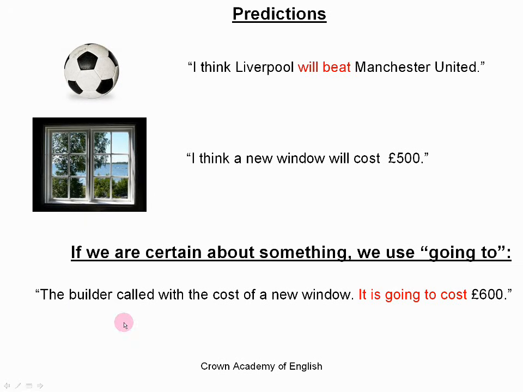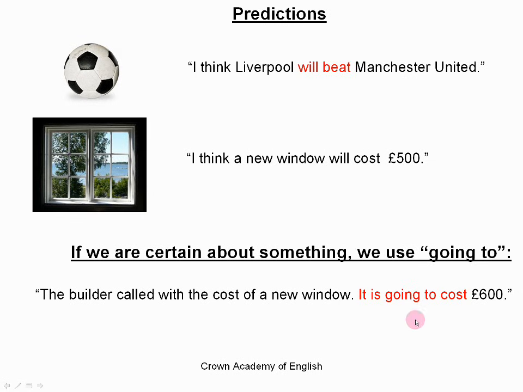Now we have more information about the window because the builder has called us and he has given us a fixed price. So now we can say it is going to cost £600. We know it now. It is now a fact.